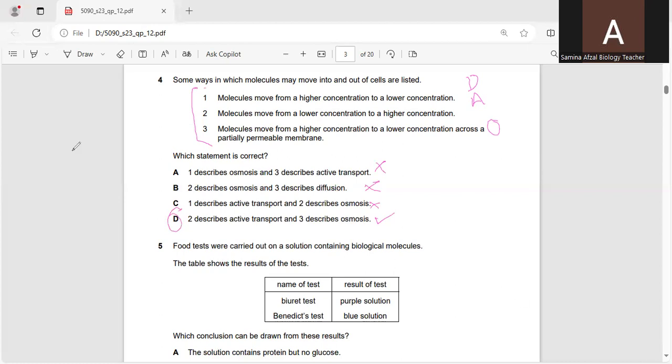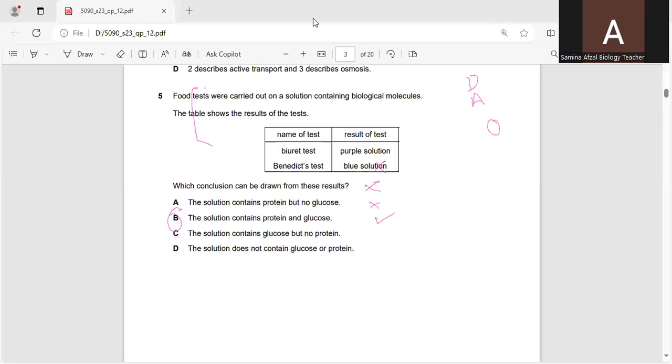Now I would like to move towards the next question, which is question number 5. There I have to arrange the previous answers. Food tests were carried out on a solution containing biological molecules. The table shows the results of the tests. Name of the test: Biuret test, Benedict test.